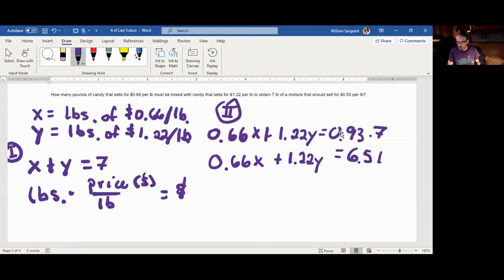If we take the first equation and rewrite that, let's subtract y from both sides.